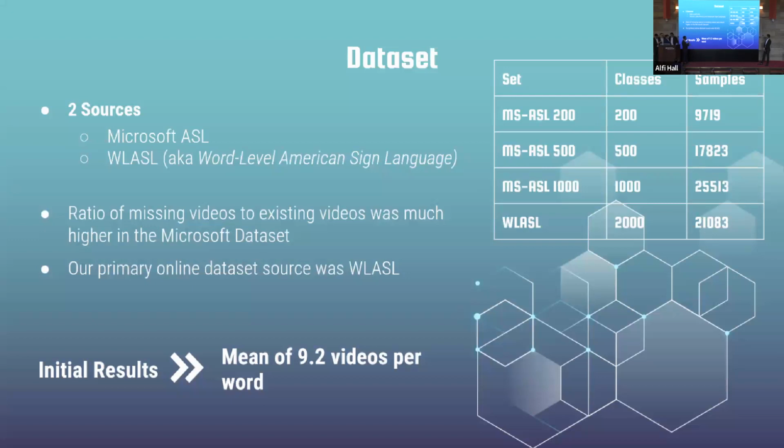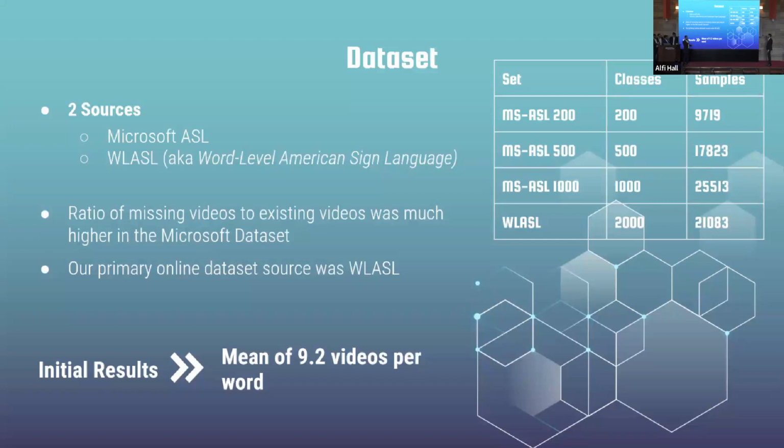Based on our analysis of all of these datasets, we found that the ratio of missing videos in the MSASL was much higher than in the WLASL. And that's why we based our decision to go for the WLASL as our dataset.